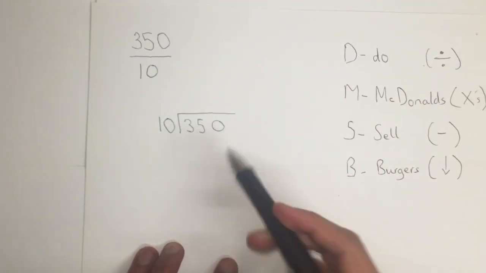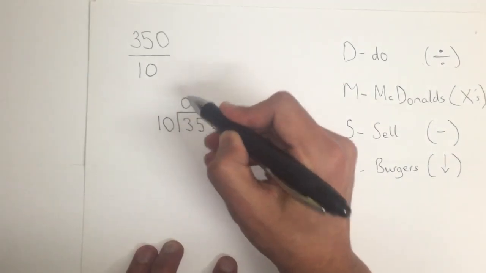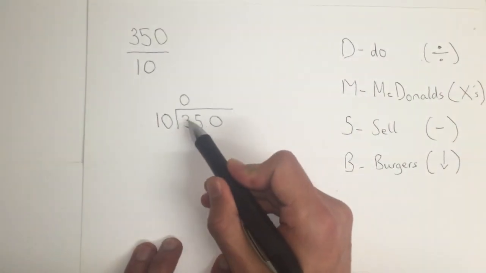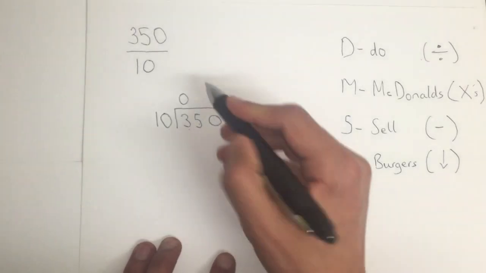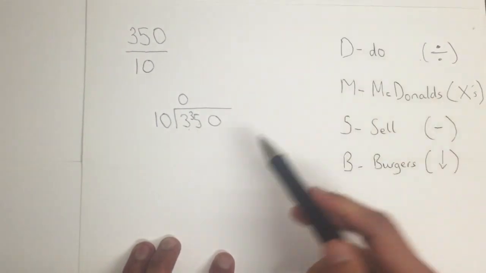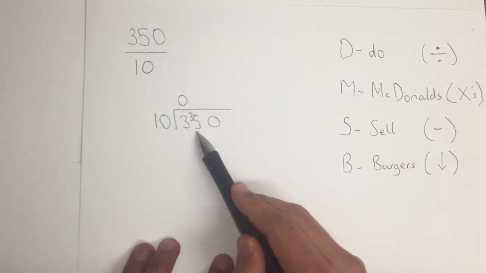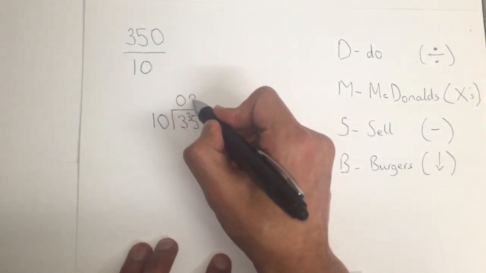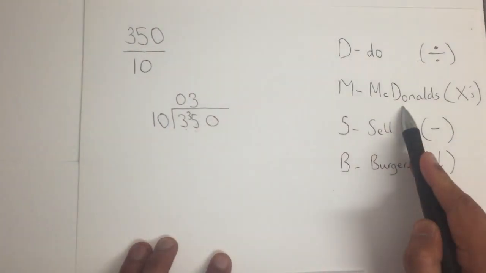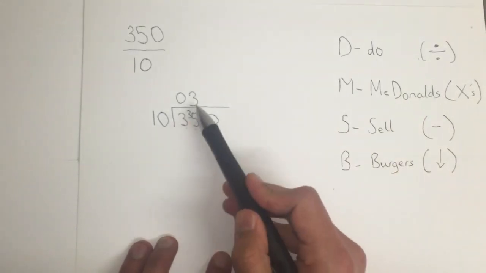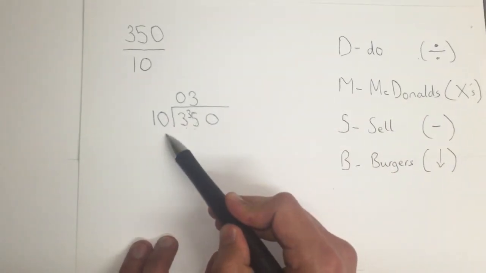So 10s into 3 are 0, and because it's 0, we are going to do the division again. And there are 3 remainder because you just carry this 3 to the 5. So there's my 3. Then you ask yourself, how many 10s are there in 35? And the answer to that is 3. Moving on to the second step, where you times or multiply. You get the 3 and you multiply by the 10.